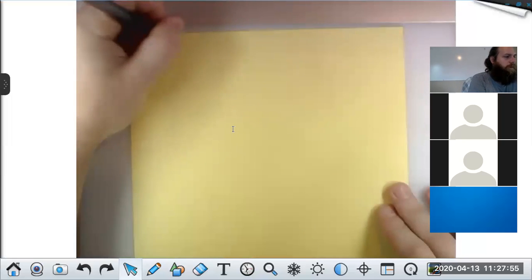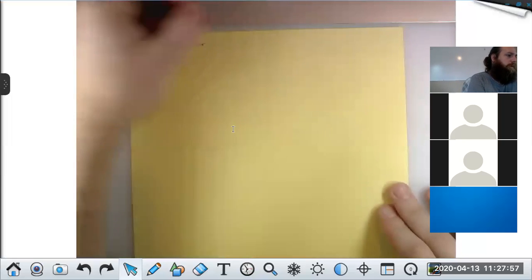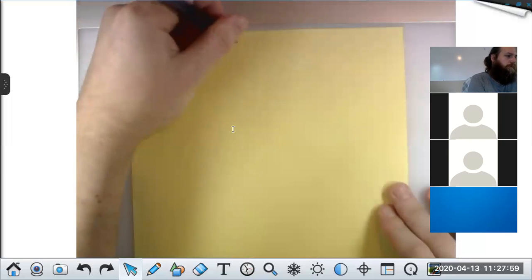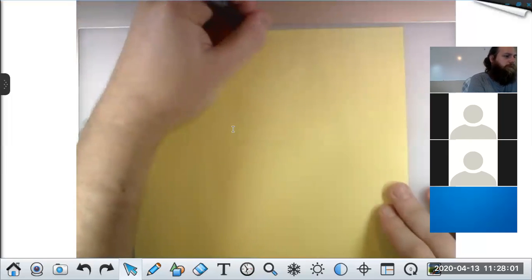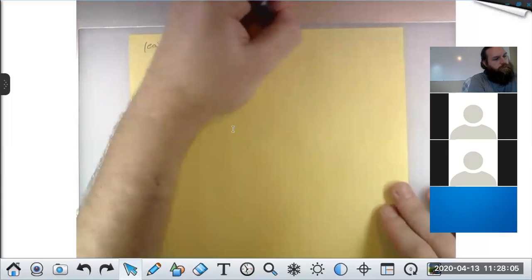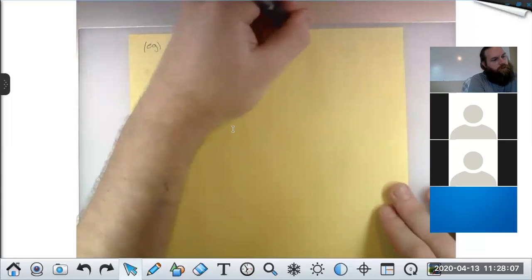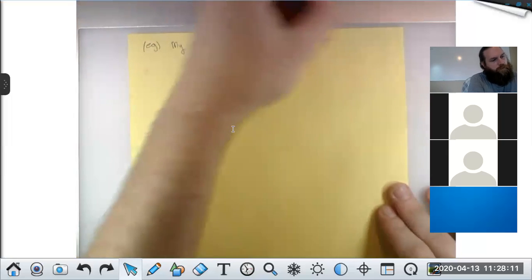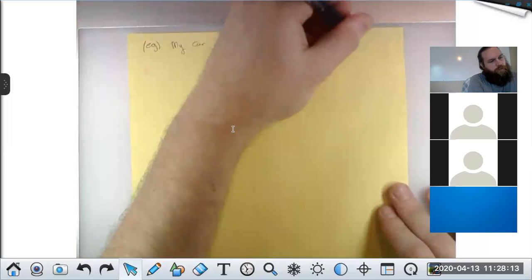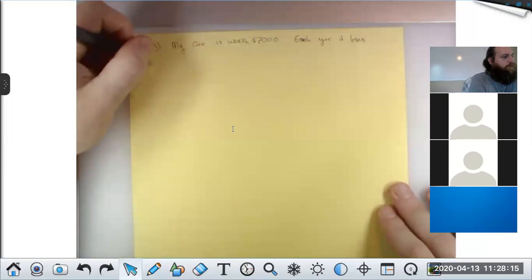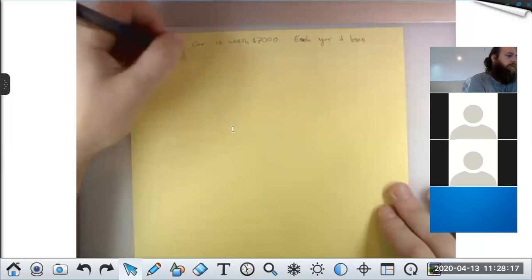My car is worth $7,000 right now. Each year, it loses, say, 4% of its value.